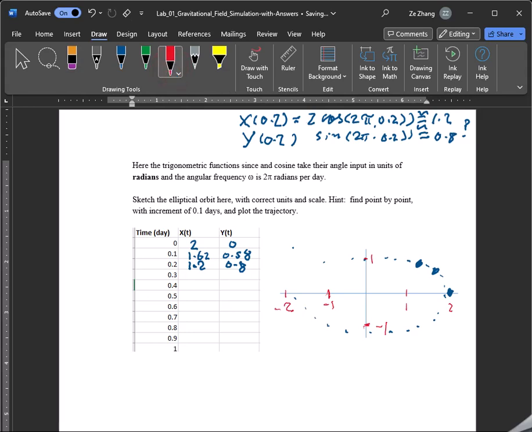The first one is this one, the second one is here, and the third one is here. And then I will let you finish t equal 0.3. What is that? I bet it will be somewhere here, and so on.